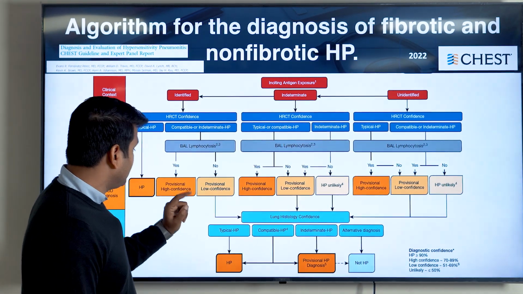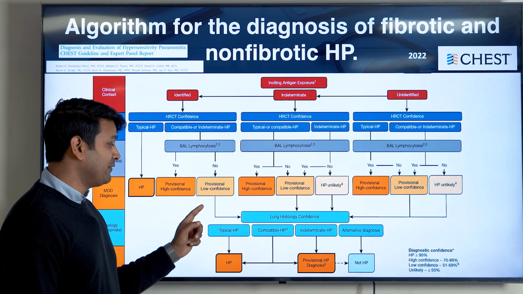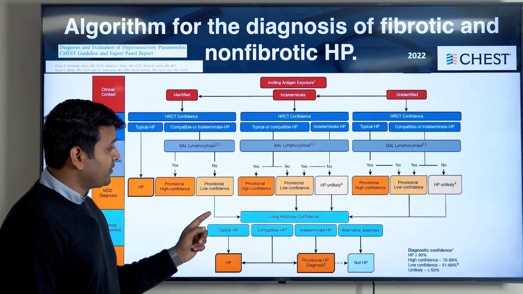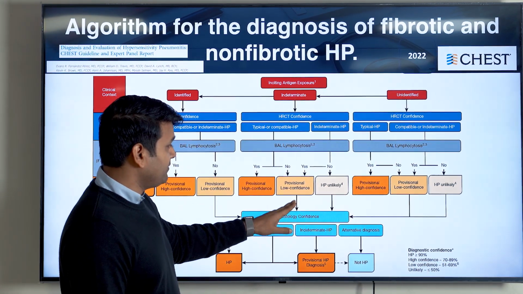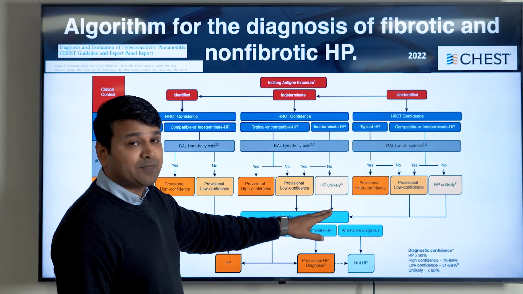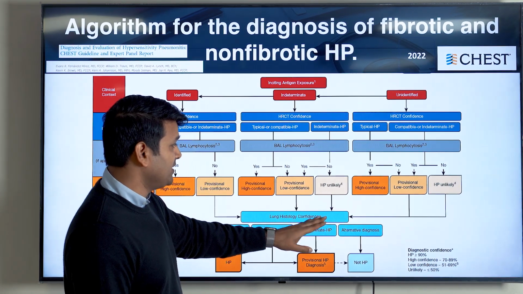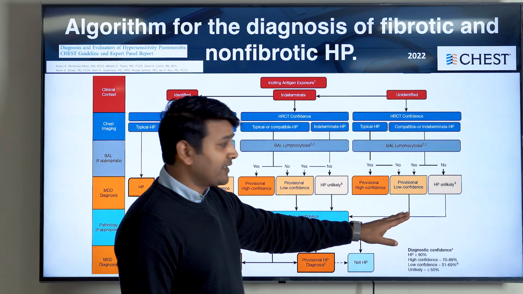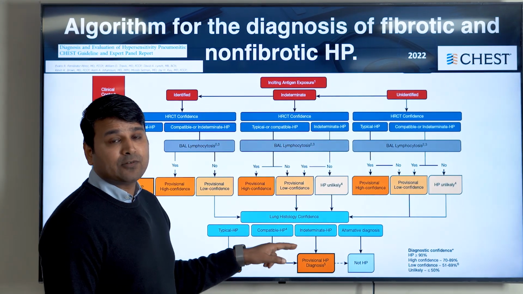Now, with an MDD diagnosis of provisional or low confidence for hypersensitivity pneumonitis, or when HP is unlikely, with indeterminate exposure and with unidentified exposure, we will go for lung histology for the confidence.